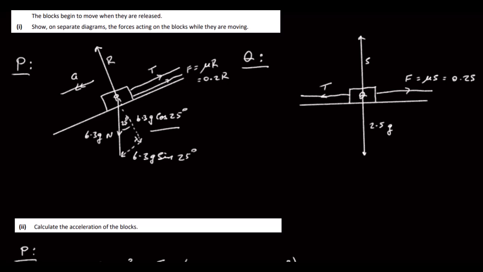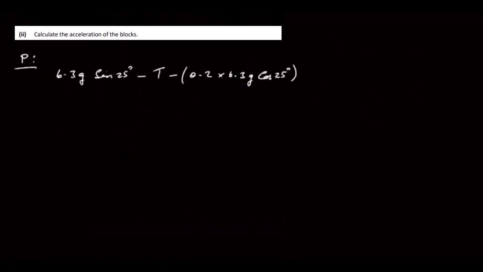So it has to be equal to the force acting against it, which is 6.3 g cos 25. Okay, so all of that, they're all our forces, so we've got to let that equal mass times acceleration. Its mass is 6.3, and the acceleration is what we've got to work out.